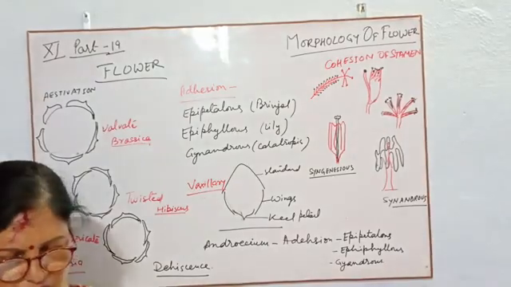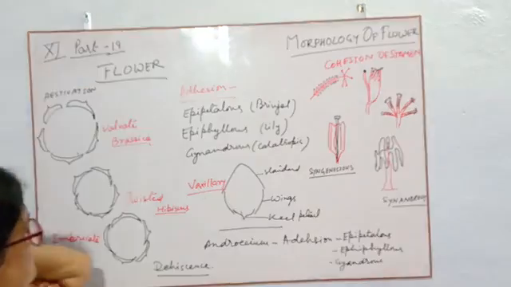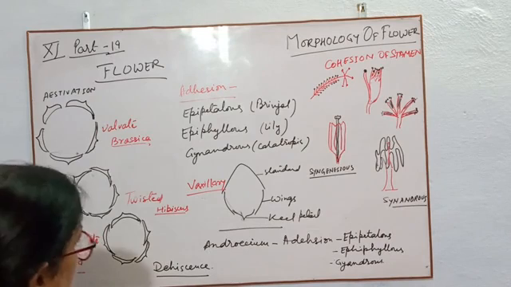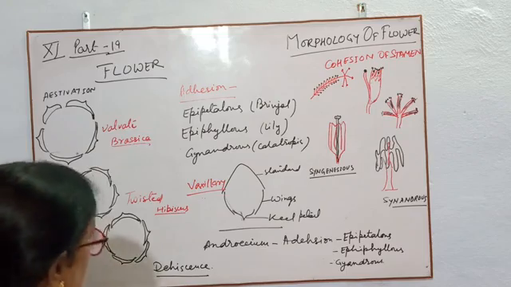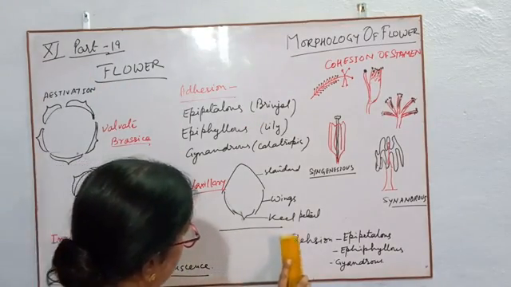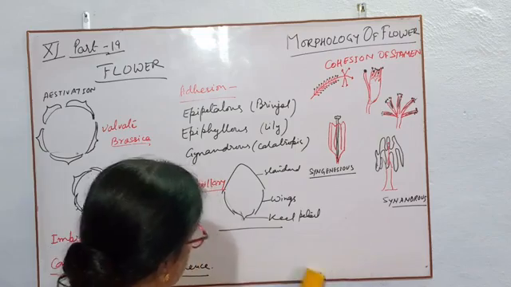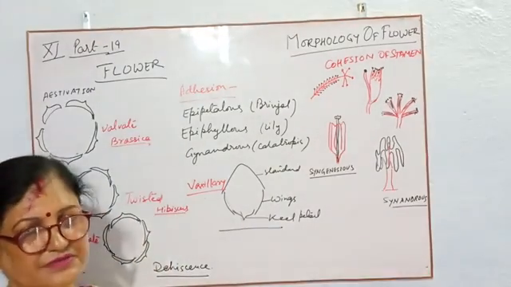So these are the 4 types of estivation. Now children, we can see the adhesion of the androecium, or how the androecium is attached with the parts of the flower.